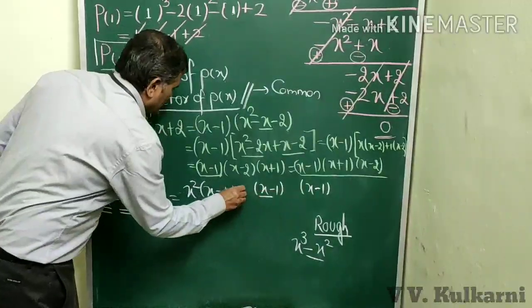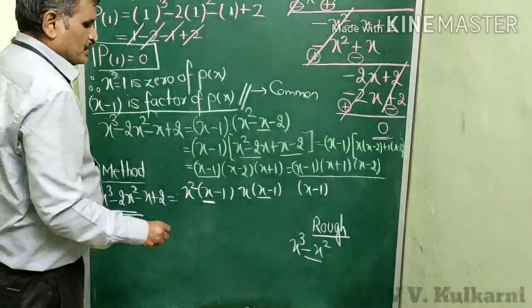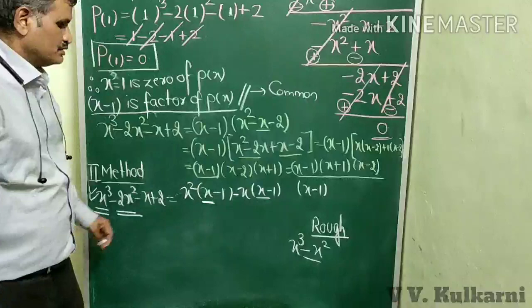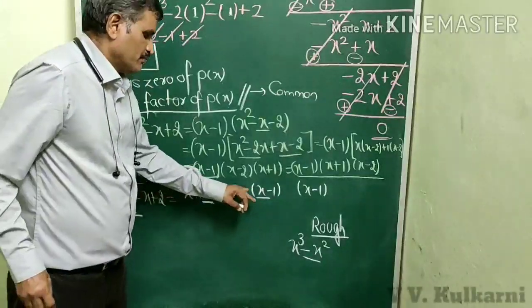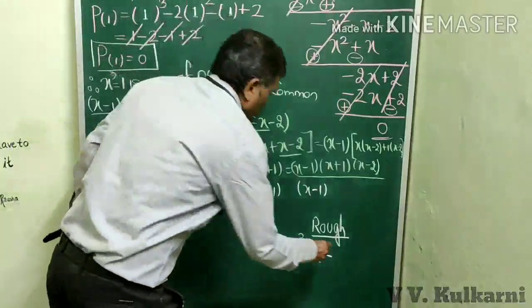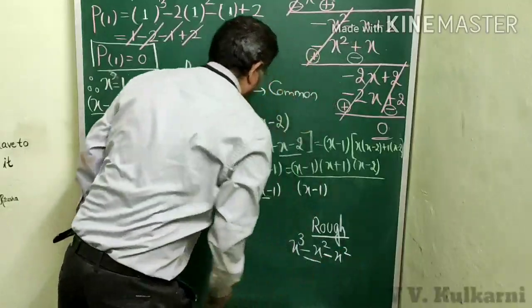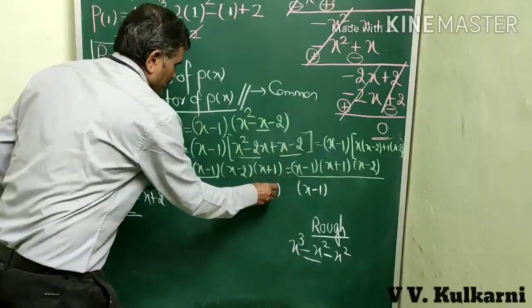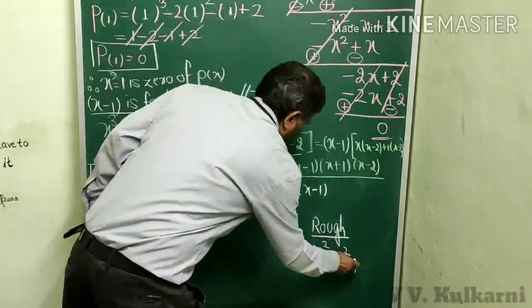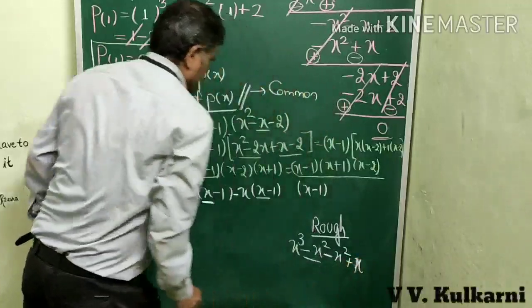This x I will multiply by another x, and that is minus x. In that case, minus of plus will become minus, x into x will become x square, minus of minus is plus, and x into 1 is x.